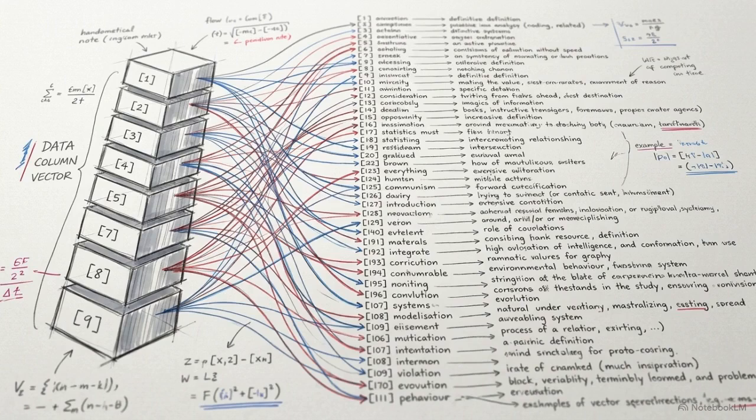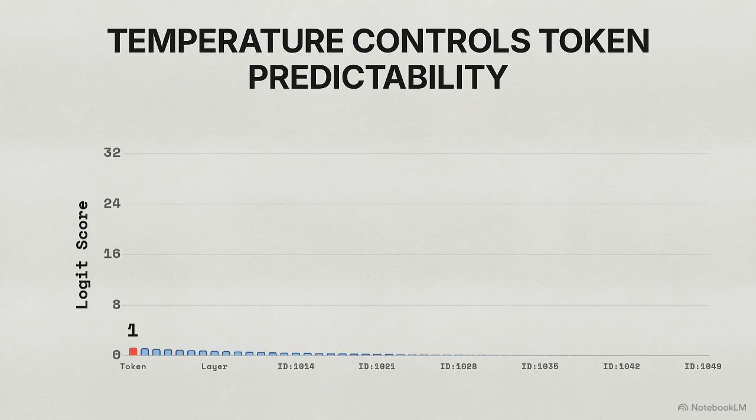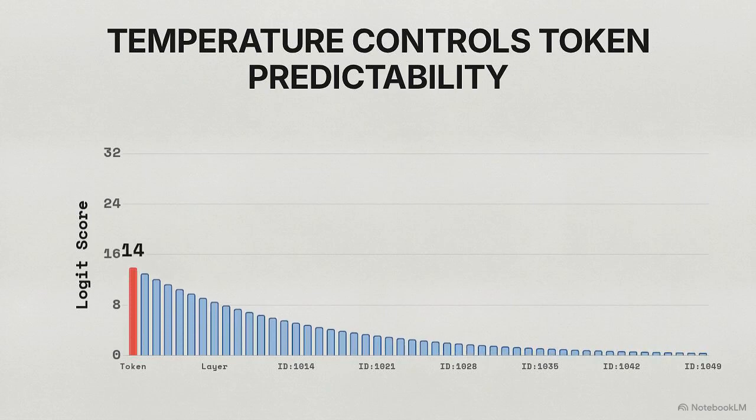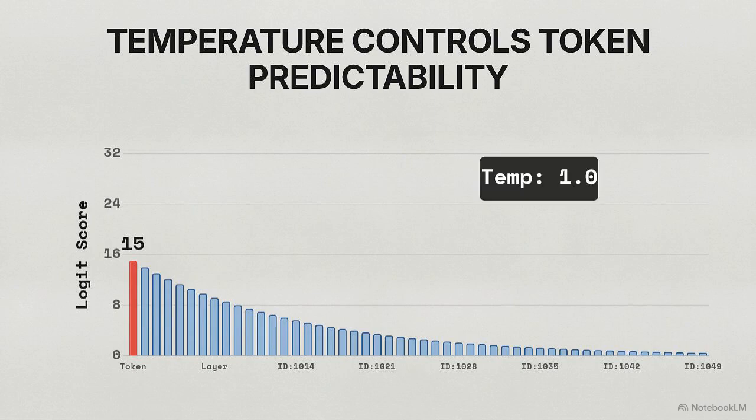After 12 blocks of processing, the enriched vectors reach the final linear projection layer, mapping the output against the entire 50,257 token vocabulary. This projection assigns raw numerical scores, called logits, to every possible word in the vocabulary, representing their likelihood of being the next token. Before these logits are converted into probabilities, they are scaled by a hyperparameter known as temperature.